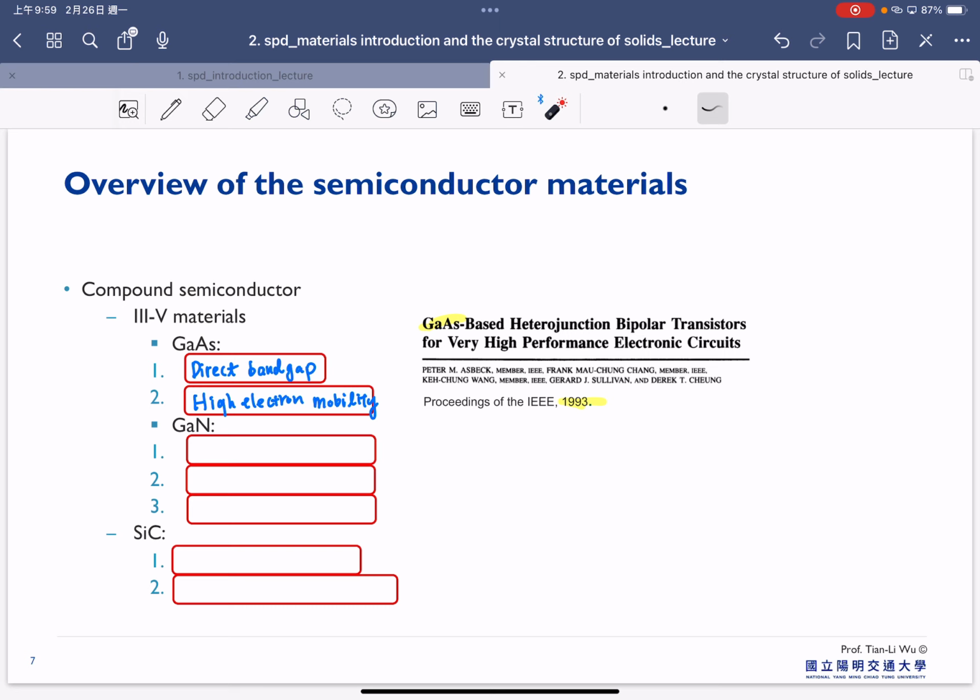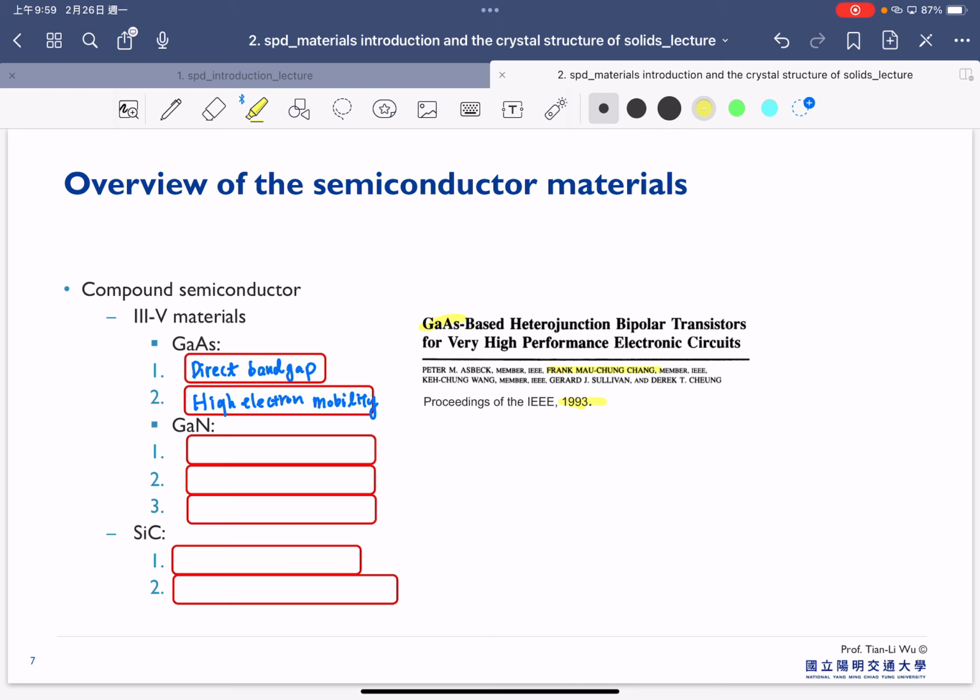And one more thing that is interesting to know: if you look at the authors of this paper, there's one name you have probably heard of, especially when you enroll in NYCU.